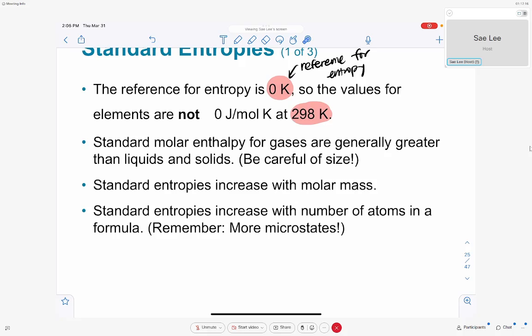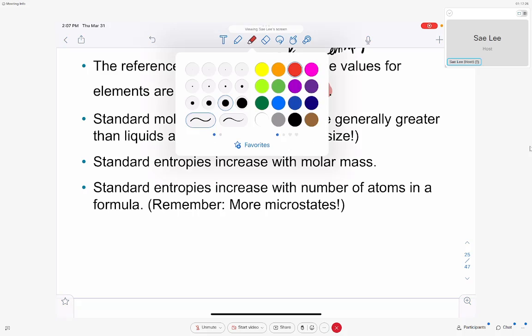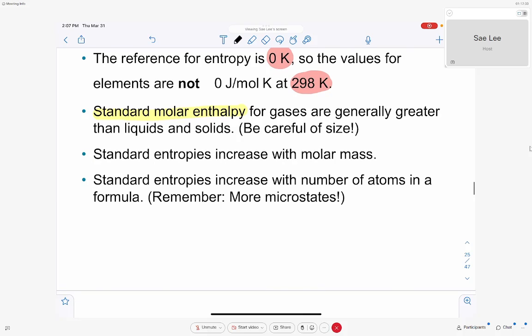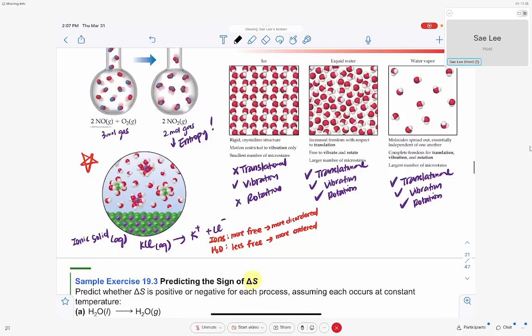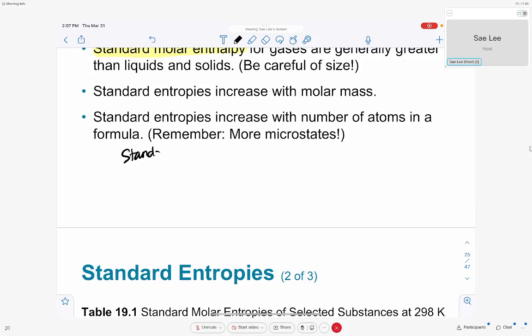The entropy values that they calculated were molar entropies for substances in standard states. What's a standard state? Here it means 1 atmospheric pressure.